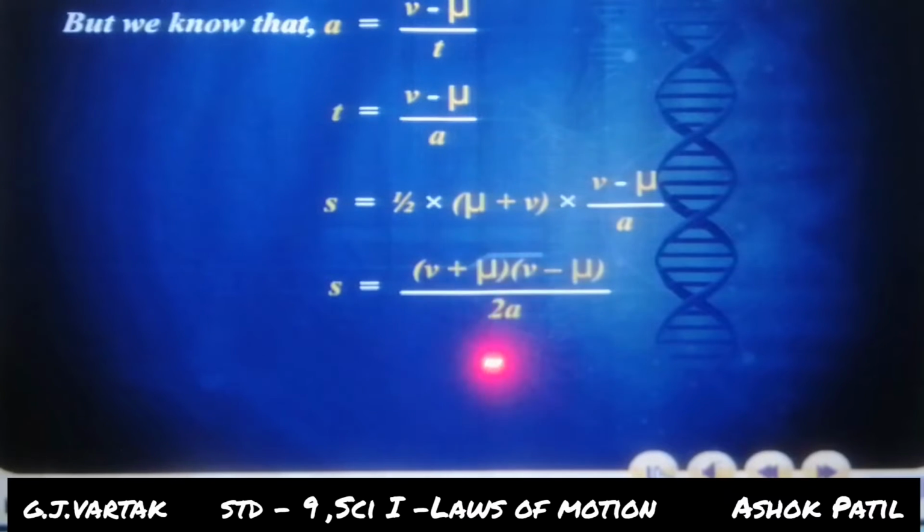Then you can write this: s is equal to v plus u into bracket v minus u upon 2 into a. 2a is the denominator. The multiplication of the denominators is written on the denominator, and the multiplication of the numerators is written on the numerator. 2a is the denominator here, coming to this side as multiplication.